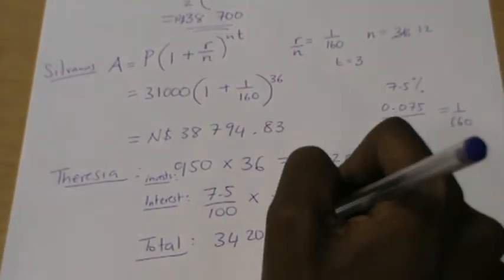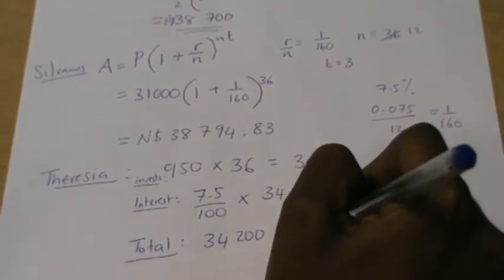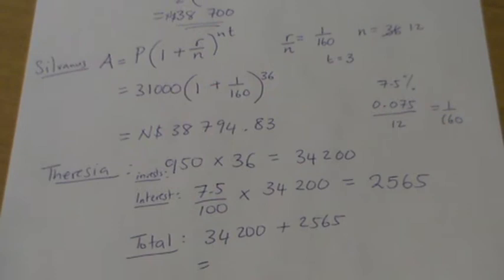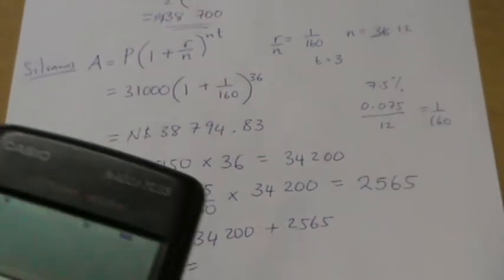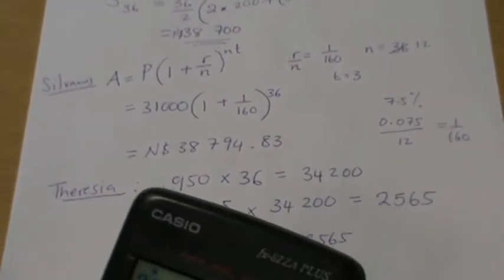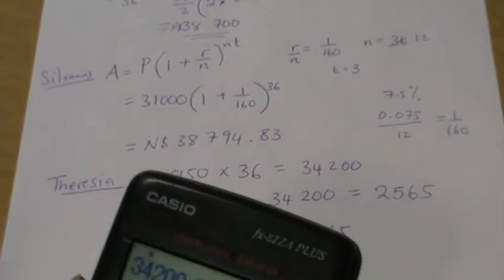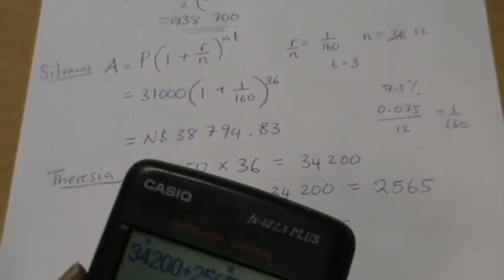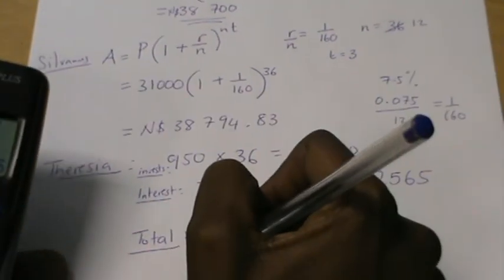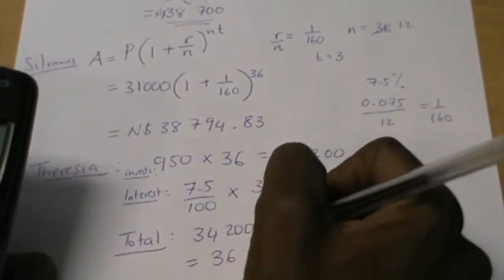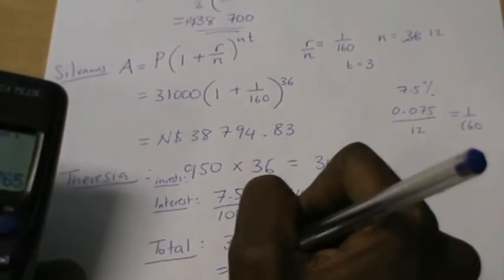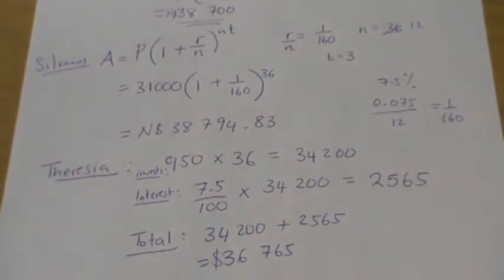So it's 34,200 plus 2,565. When we add those two together, our trusted calculator, it says 34,200 plus 2,565, you can see that she gets 36,765 Namibian dollars.